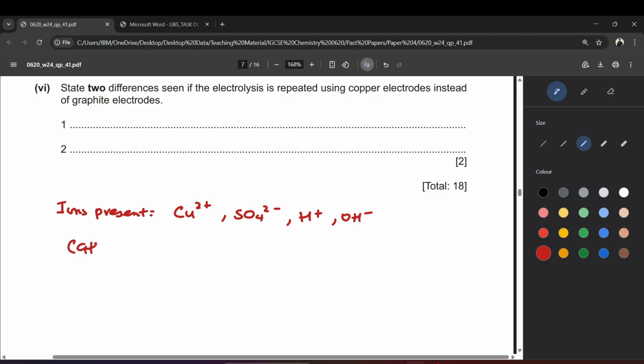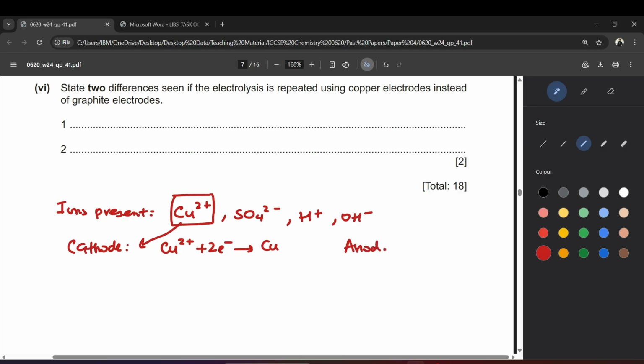Now at the cathode, copper ions will be attracted, and over there they will gain electrons to form copper. So you will start seeing the deposits of copper at the cathode.